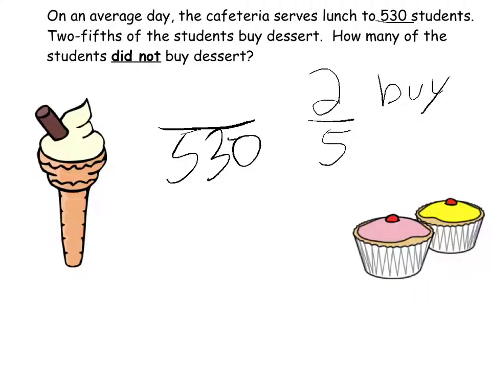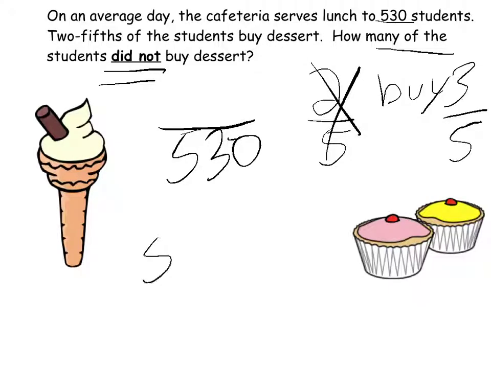Now, it's important to read the question, because the question says how many of the students did not buy dessert. So if 2/5 buy, how many out of 5 do not buy? I would say 3 out of 5 do not buy. So instead of using 2/5, I'm going to start over and write 530, and I'm going to say 3/5.